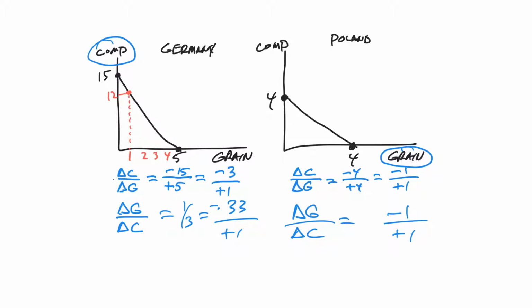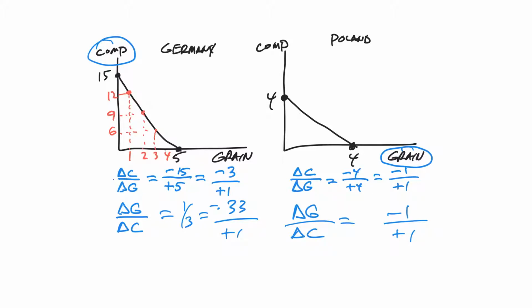If they want 2 units of grain, they're going to have to give up 3 more computers. So 12 minus 3 is 9. Yet another unit of grain, they'll have to give up 3 more computers.